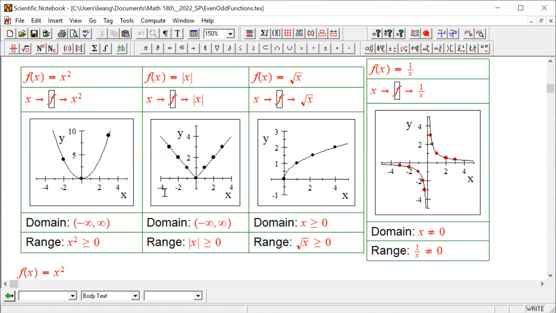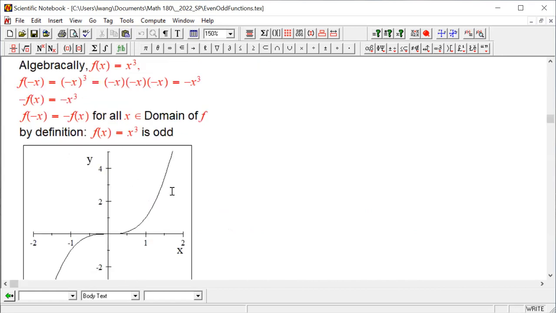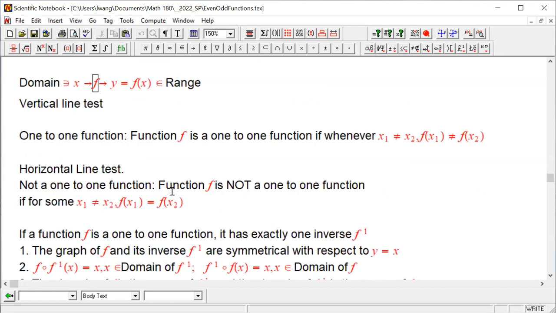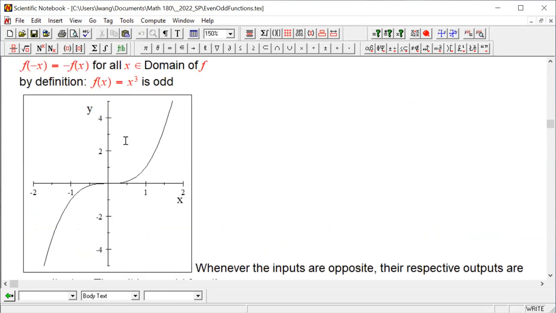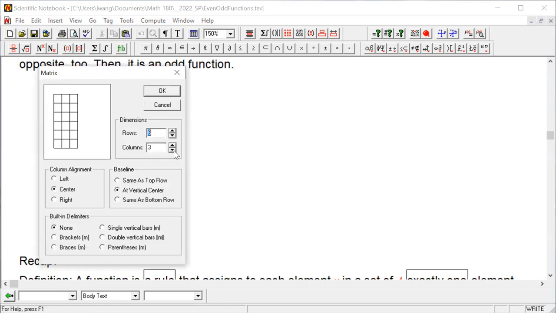So let's have these narratives written down. Even function, odd function. Let's make a table to summarize their features.